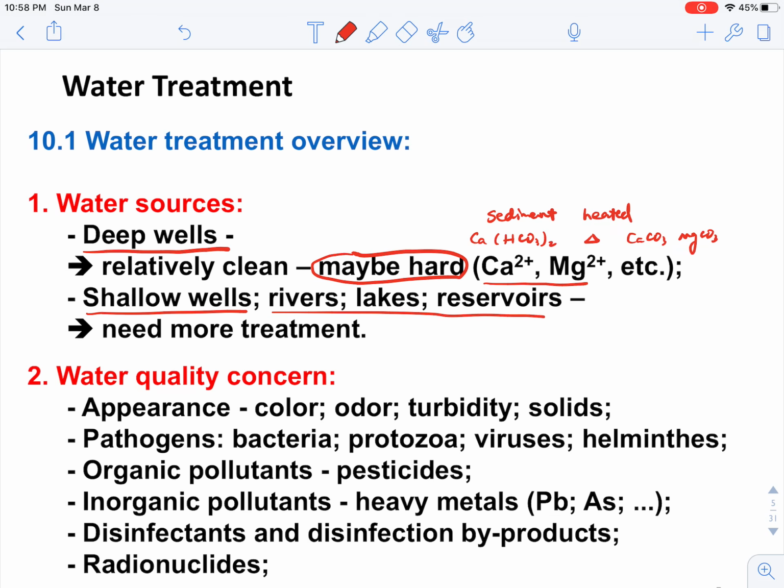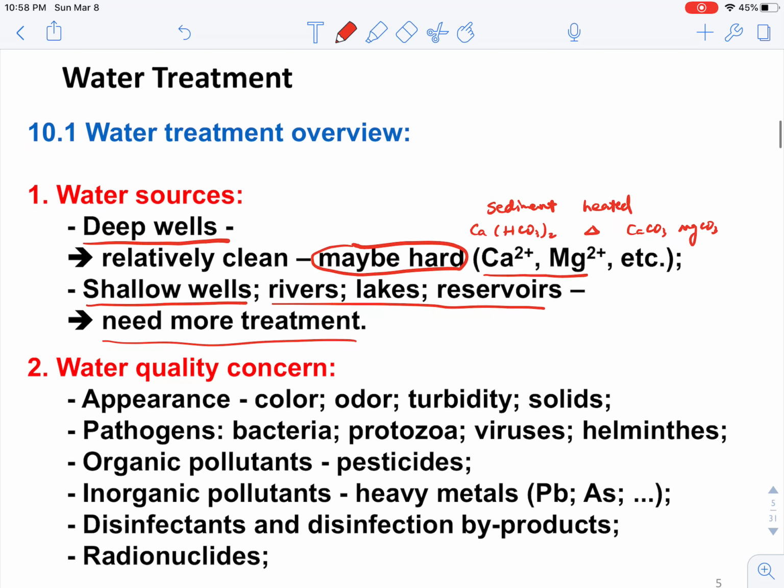So specifically, we talk about the BOD. The reason why BOD can happen is because there are a lot of microorganisms that dissolve those organics, right? So while we have to remove those organics from the water, we also need to remove the microorganisms from the water. Okay, so because of that, the water from these shallow wells or rivers or lakes will need more treatment.